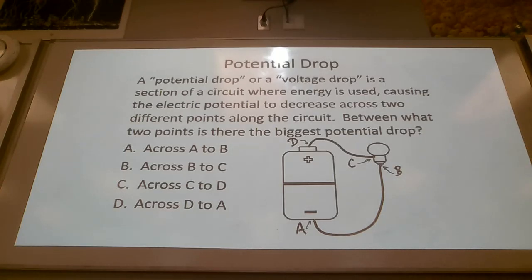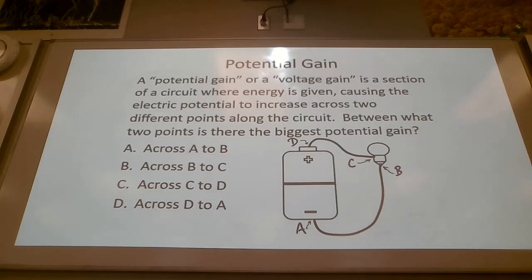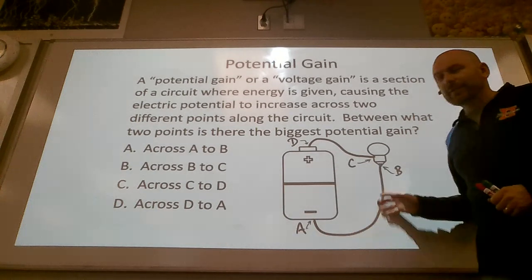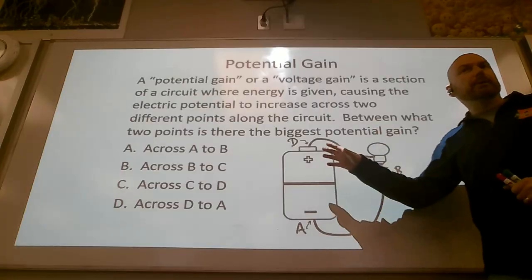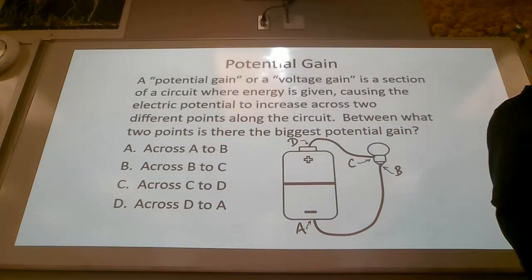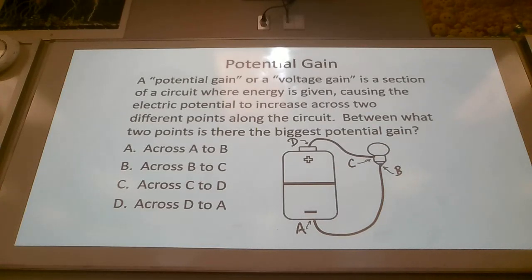In that circuit, there's another part that gives energy. It's a whole cycle. So what part of this circuit gives energy to the electrons? The battery, the wire, or the light bulb? Battery is the source.